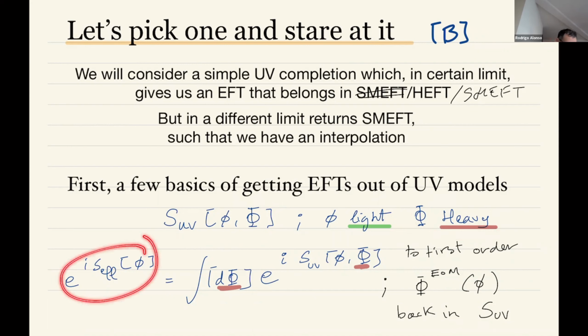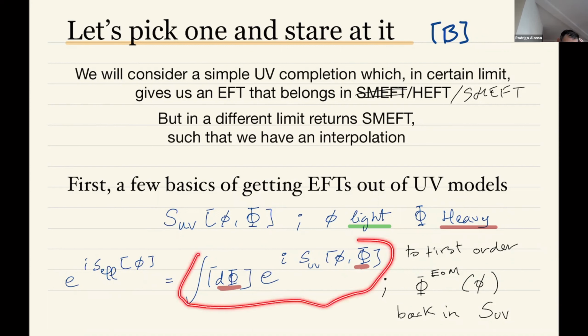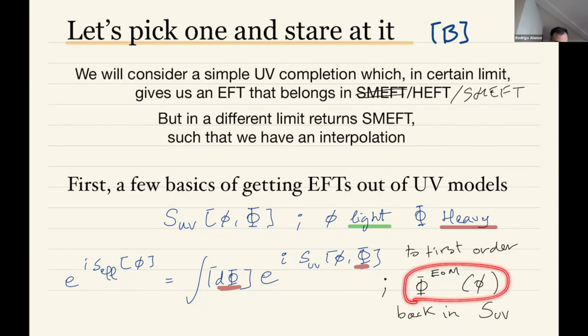And the expression for the effective action at low energies is as simple as integrating out the heavy field with the path integral, which means the functional integration of the heavy field, capital Phi. And to first order in the loop expansion, this is substituting capital Phi, the solution to the equations of motion for capital Phi, back into our action. It will be corrected at loop level, but for our purposes, it's good enough to stay at tree level and obtain the result.